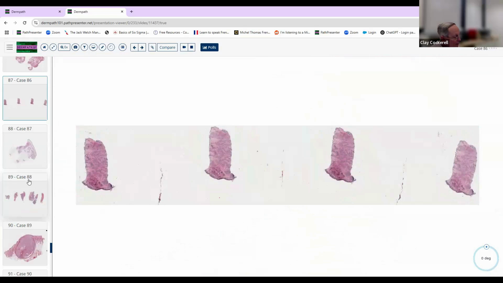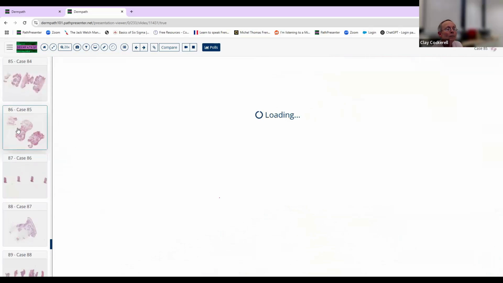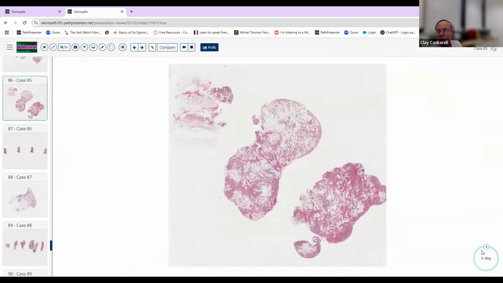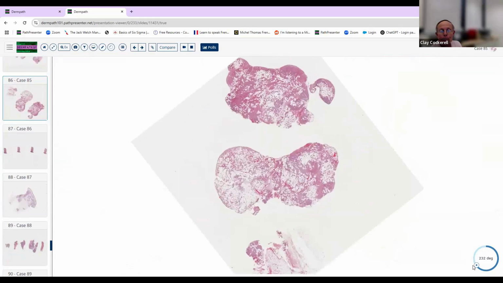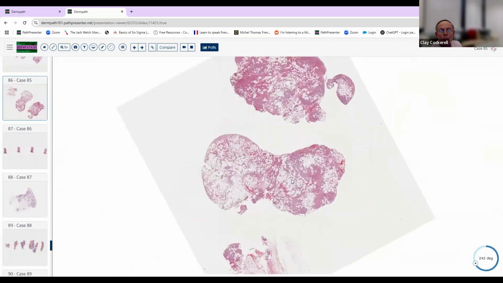Now we've got number 85. Neoplasm of fat. Shelled out. Benign, right?